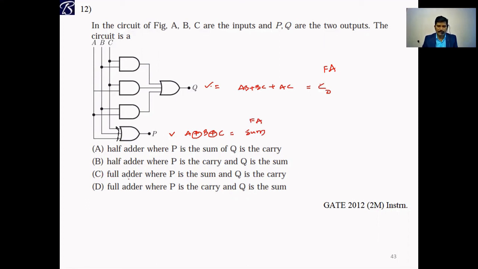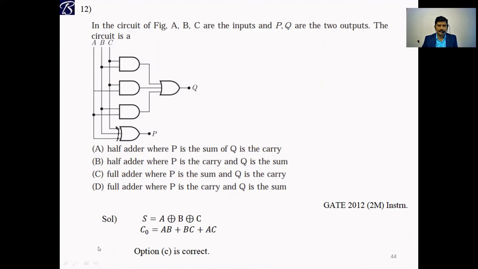So full adder, option C, where P is the sum and Q is the carry. This is the correct option. So simply you see, the 2 marks is given, right? So option C is correct, where sum is A XOR B XOR C, carry is AB plus BC plus AC.